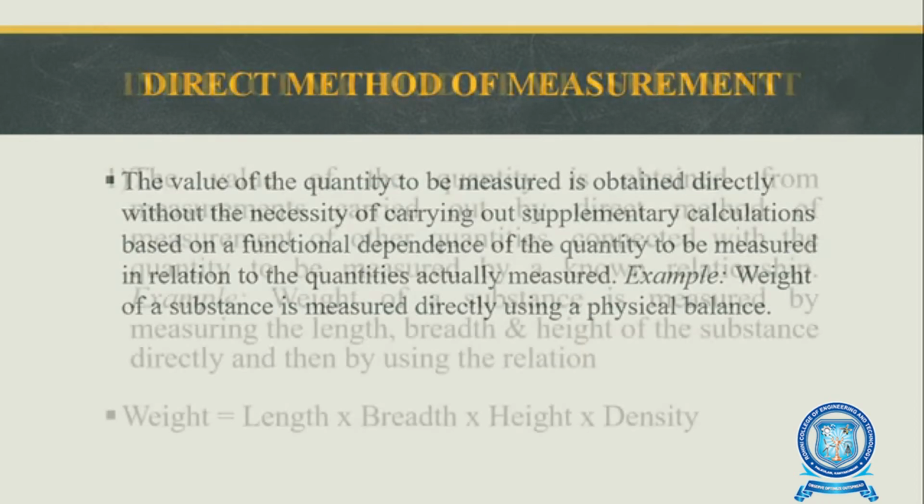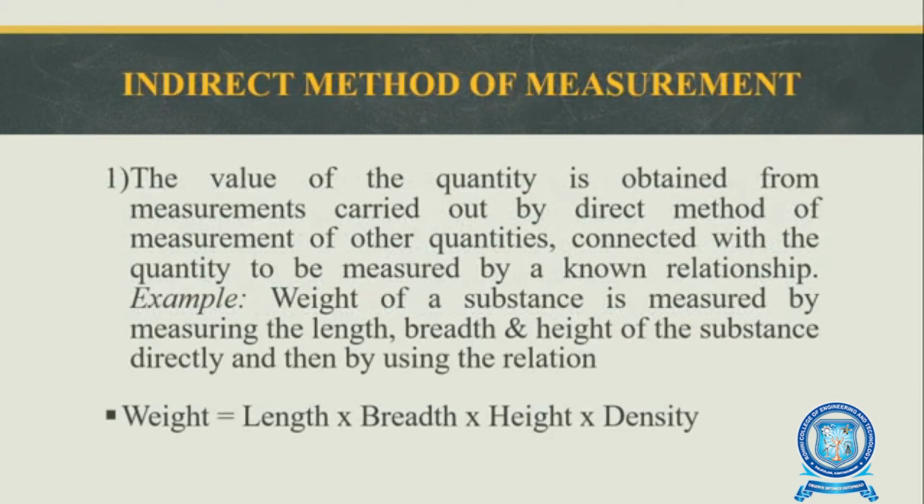Then indirect method: the value of the quantity is obtained from measurements carried out by direct method of measurement of other quantities connected with the quantity to be measured by a known relationship.